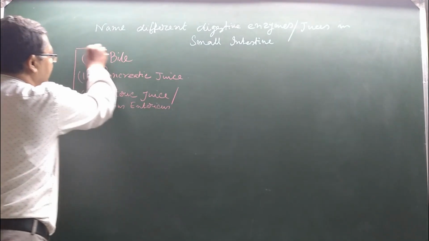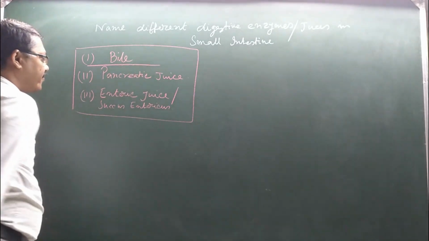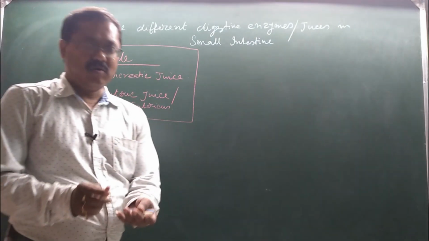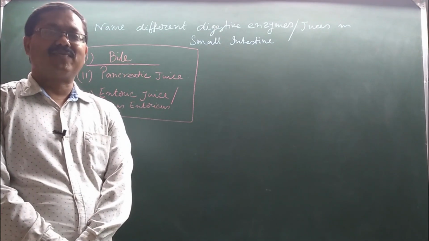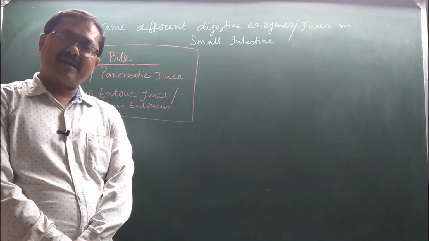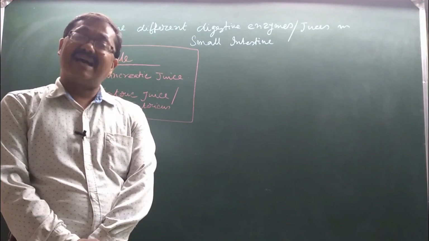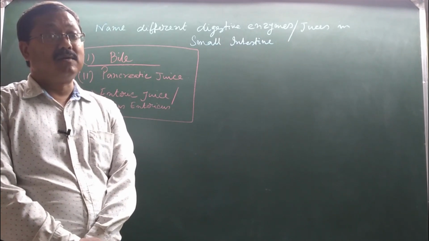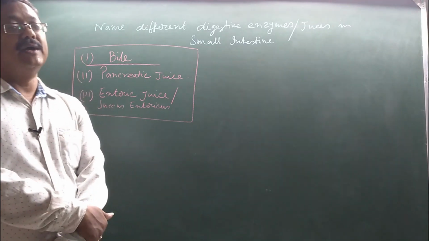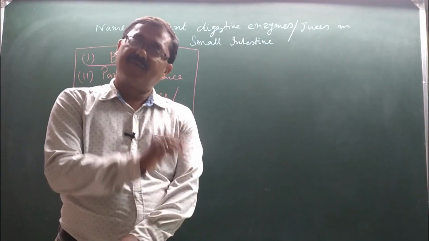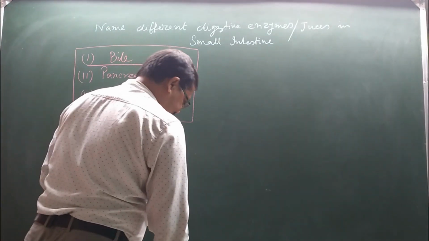These three enzyme containing juices, except bile, perform different digestive functions on different food compounds and degrade or digest the large complex macromolecules into smaller simplest forms. First is the bile. What is bile?